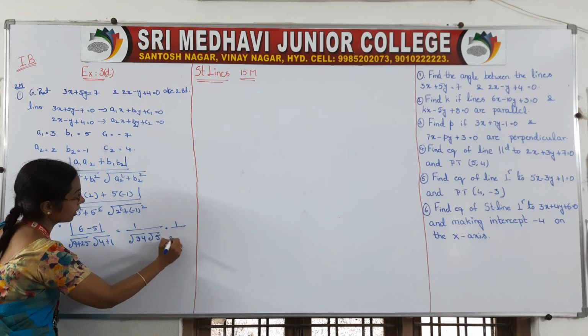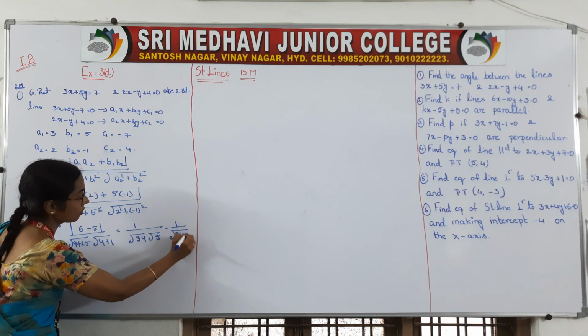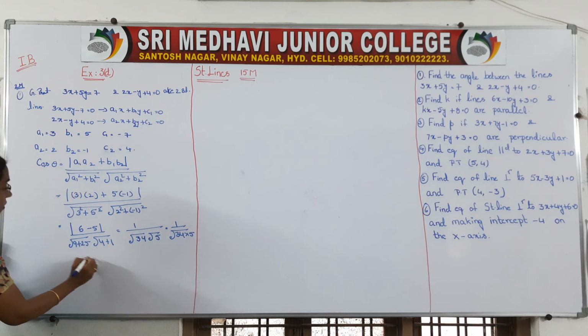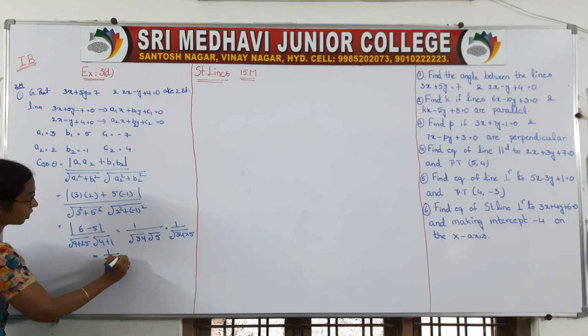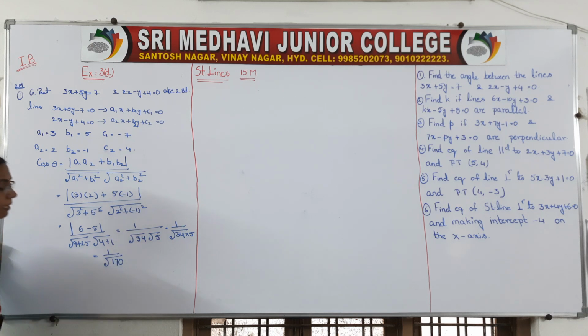We can take it combinedly under the root, 34 into 5, so it is equal to 1 by root of 170. So this is your cos theta.